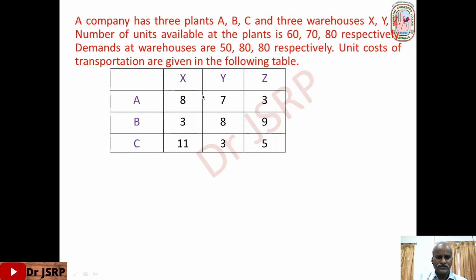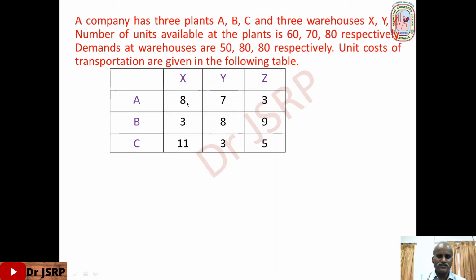So these are the unit transportation costs. Okay. So what is the meaning of this table? Suppose consider this entry 8. That means per 1 unit, the transportation cost from plant A to warehouse X is 8 rupees.